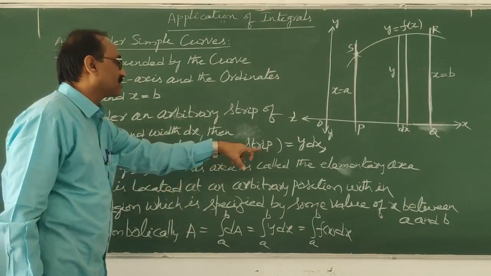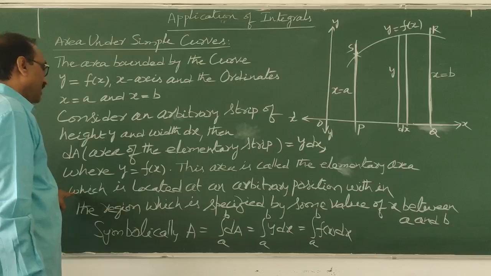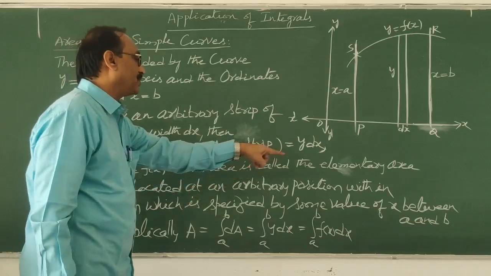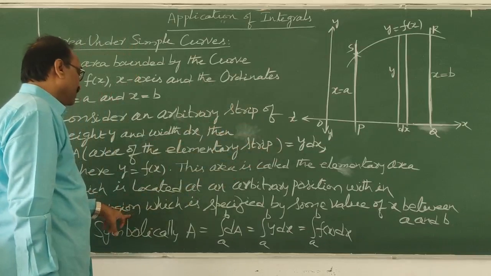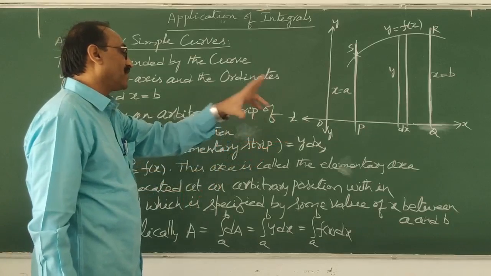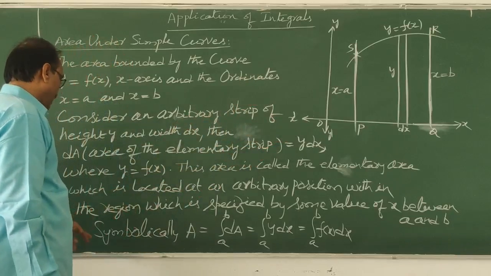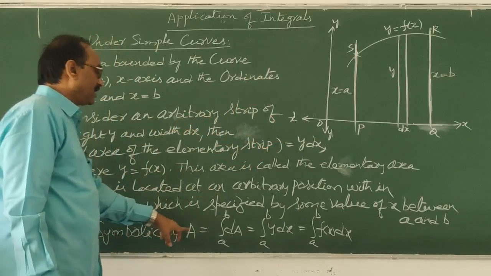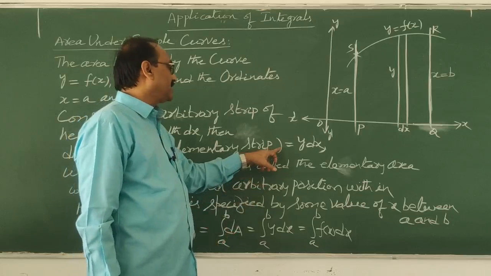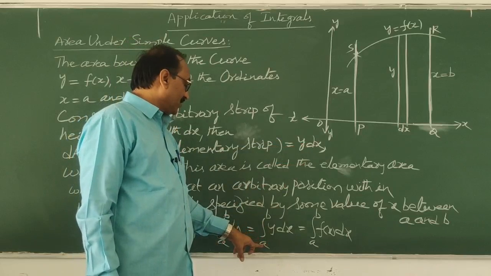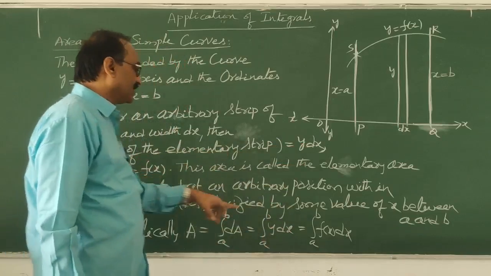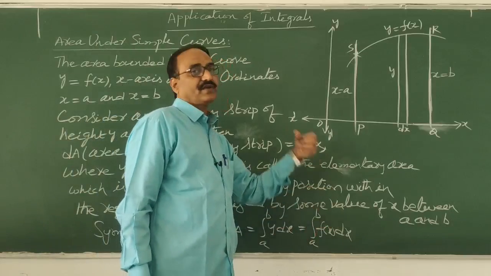This area is called the elementary area, which is located at an arbitrary position within the region, specified by some value of x between a and b. Symbolically, area can be written as integral a to b dA. Already we said dA is nothing but y dx, therefore integral a to b y dx, and y is nothing but f of x, so integral a to b f of x dx.